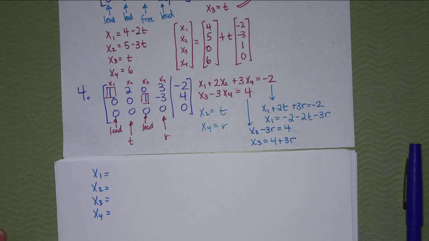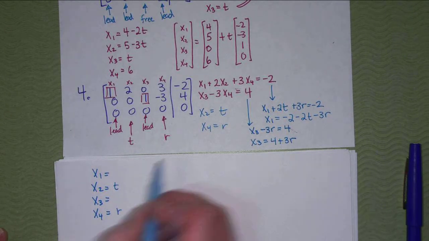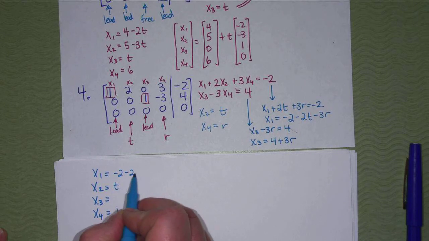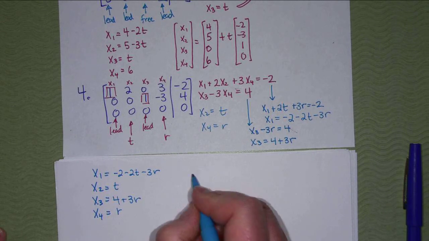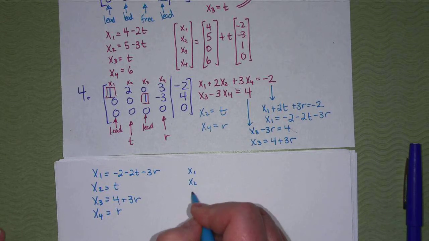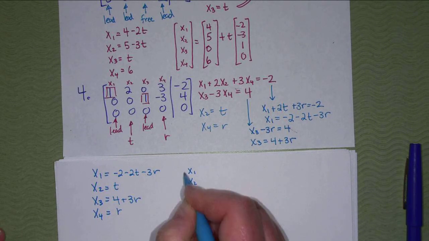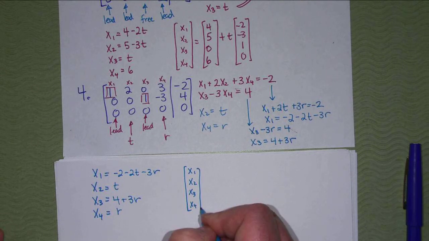So T, R, and then we need an equation for the other 2. So x1 we said was minus 2 minus 2t minus 3r, and x3 we said is 4 plus 3r. So we've got 2 free variables.